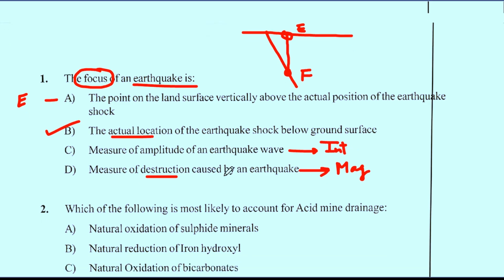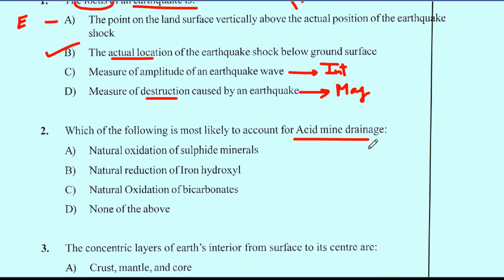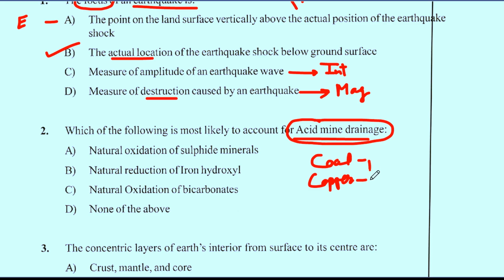Okay, next question is acid mine drainage. As the term acid came, it is generally related with mines. And what kind of mines? Like coal mines, like copper mines. In coal mines and copper mines we get pyrites.